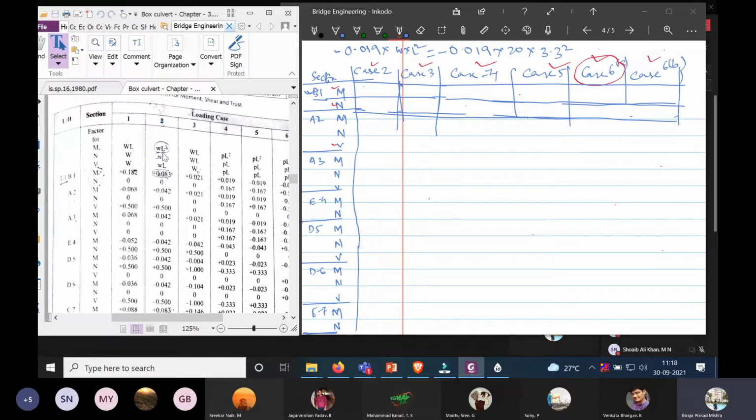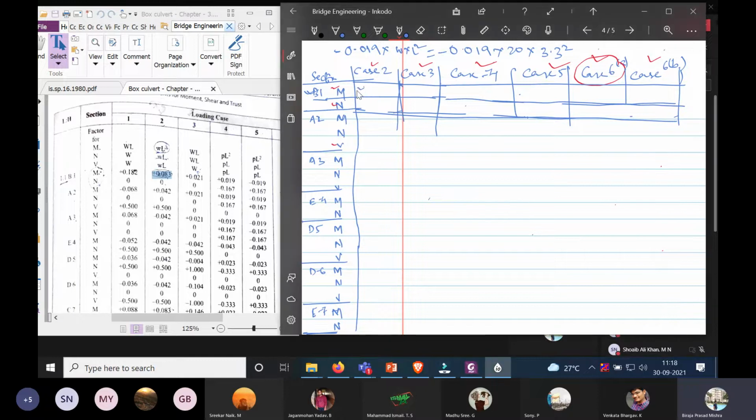In case 2, we have WL square. The moment is calculated by the formula WL square, and here we need to multiply the factor as 0.083. So this value will be plus 0.083 into, what is the load over here for case 2?